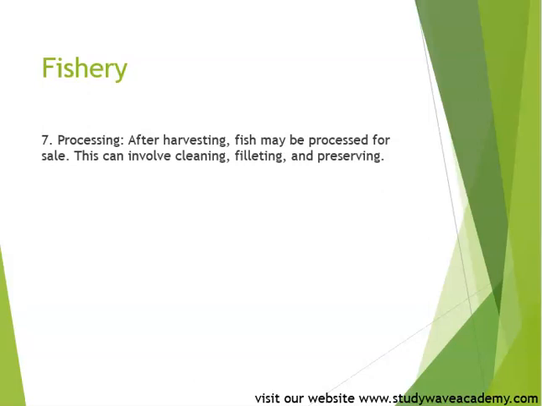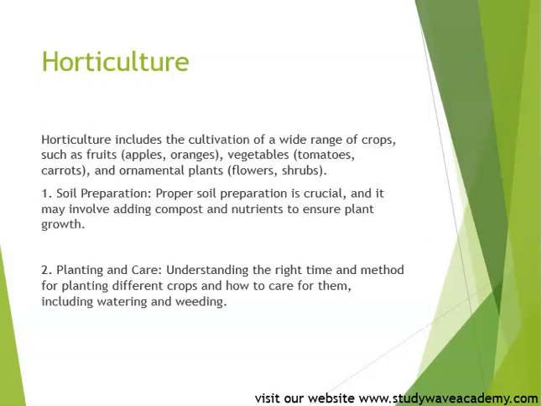So let's look at activities under horticulture. Horticulture includes the cultivation of a wide range of crops such as fruits, vegetables, and ornamental plants. So we're going to be looking at the activities under horticulture. We have soil preparation.